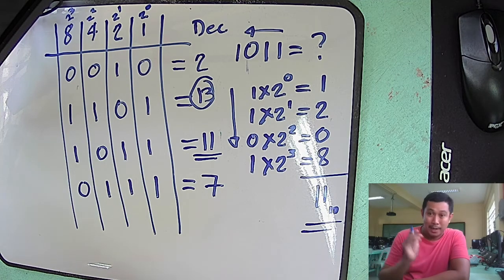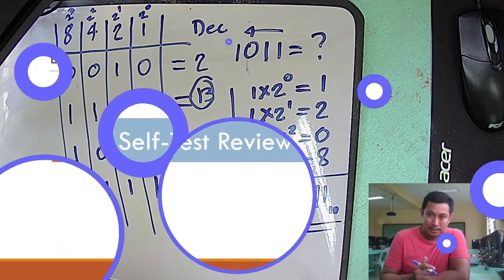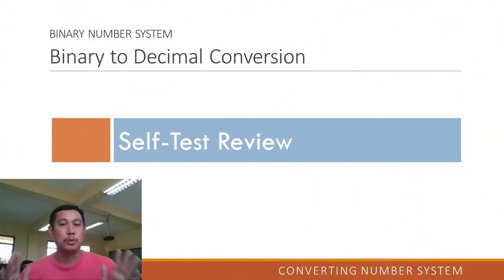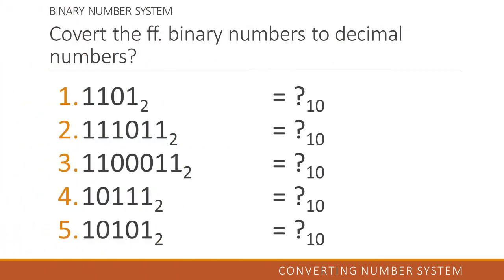So the next slide will be your task. Since you already know how to convert binary to decimal, and this is very simple, let's have a self check. I want you to do the following test review on your own. So here are the problems.